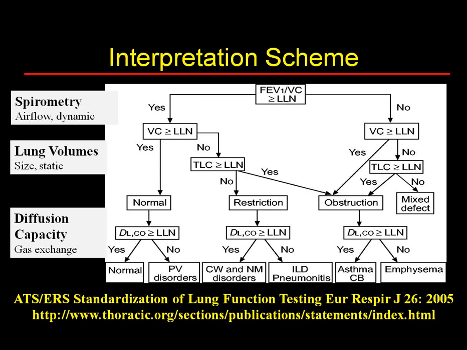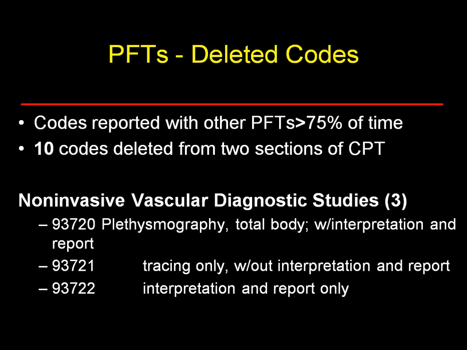But the majority of lung volumes and diffusing capacity were performed together with some form of spirometry, typically ordered and requested by pulmonary physicians. Therefore, the Thoracic Society and College of Chest Physicians were asked to revise the pulmonary function testing codes to account for this far more common method of ordering lung volumes and diffusing capacity at the time of spirometry. Next slide.